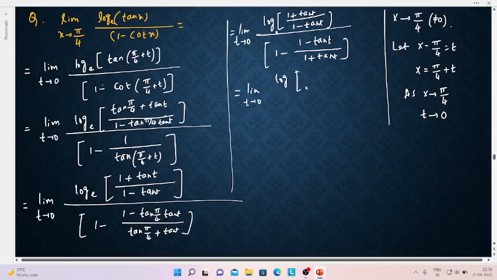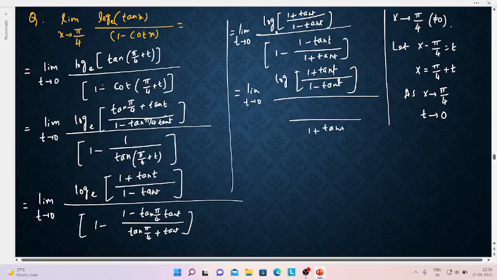It will become log of (1 plus tan t over 1 minus tan t), and on the denominator we have 1 plus tan t. If we take the LCM, it will become 1 plus tan t minus 1 plus tan t. Is that correct? Yeah. So it will be limit t tends to 0.